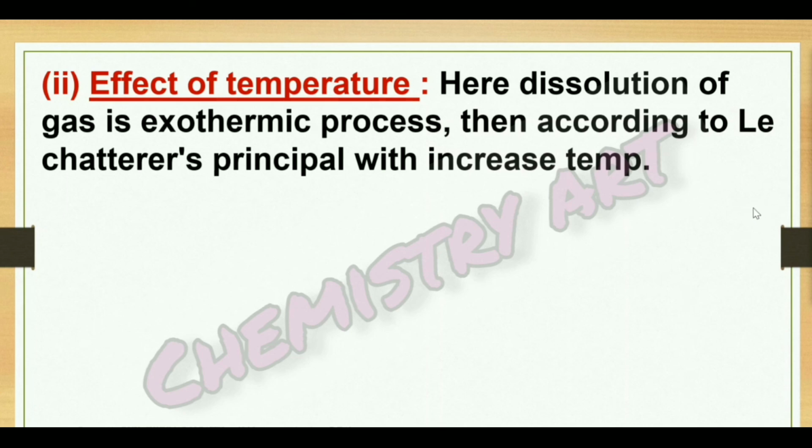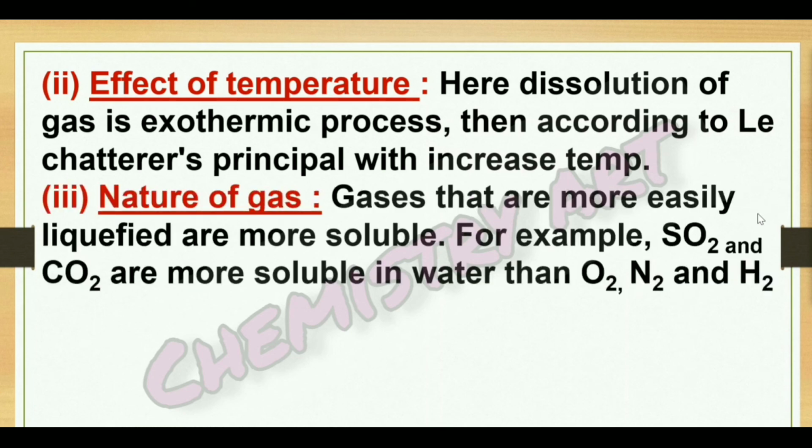Now the next point, nature of the gas. Nature of the gas means which gases are there. Gases that are liquefied very easily are more soluble. Liquefied very easily means which gases can be liquefied very easily?